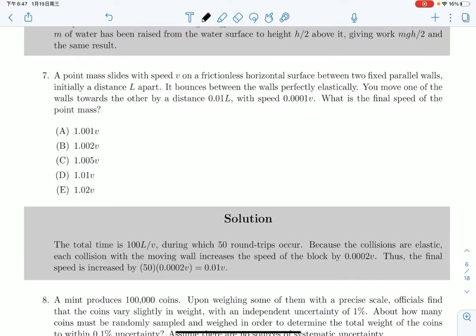A point mass slides with speed v on a frictionless horizontal surface between 2 parallel walls, and the walls are traveling with speed of 0.001 v.